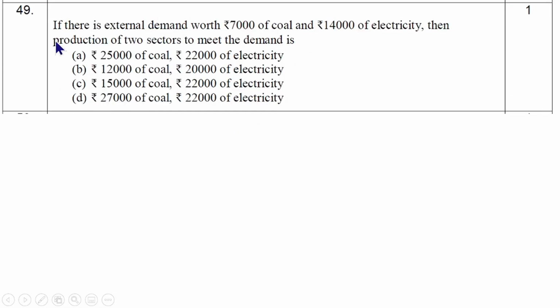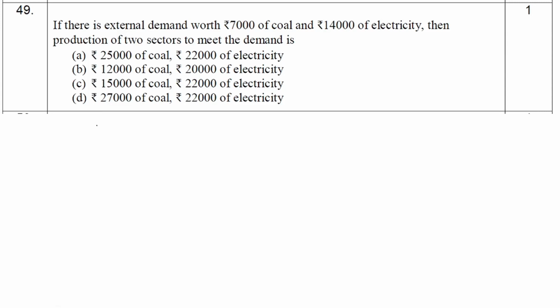The next question: if there is external demand worth rupees 7,000 of coal and rupees 14,000 of electricity, then the production of two sectors to meet the demand is. The various options are given here. So we need to find the production level of the two sectors.